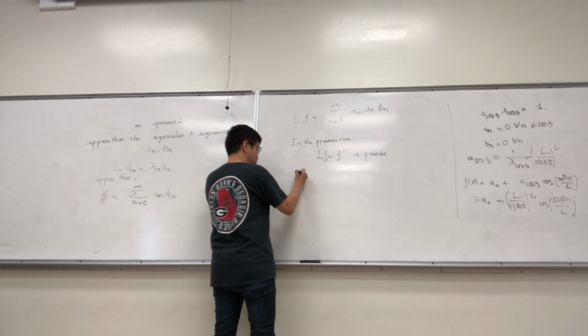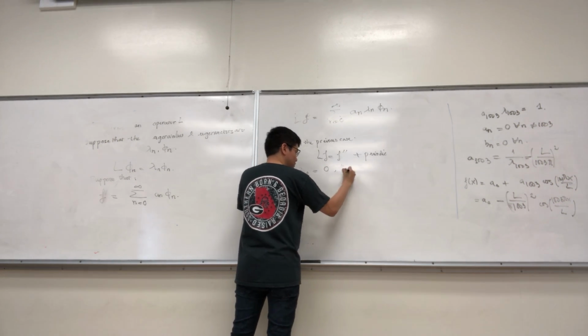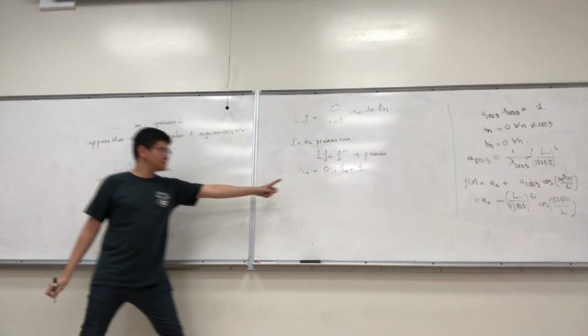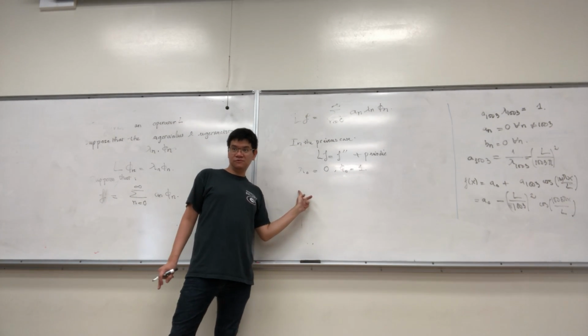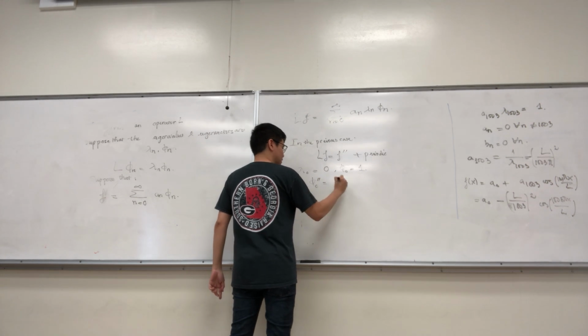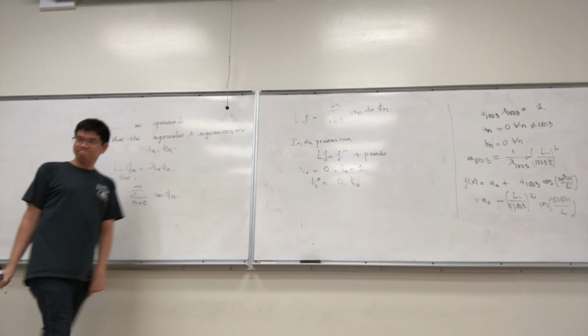Lambda 0 is 0, and phi 0 is going to be 1, right? Because you take the second derivative of 1, you get 0. So you have phi 0 second is going to be 0 times phi 0, right?